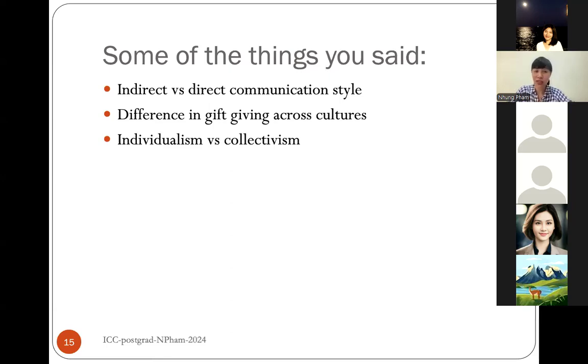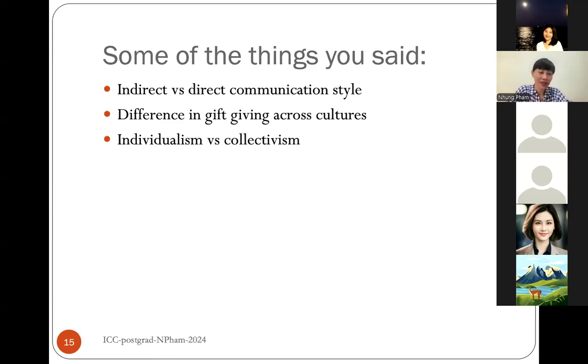So in English, people still use indirect language to be polite. It's not fair to say that English speakers tend to be direct and Vietnamese people tend to be indirect.